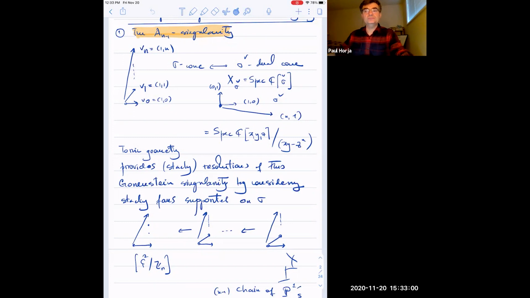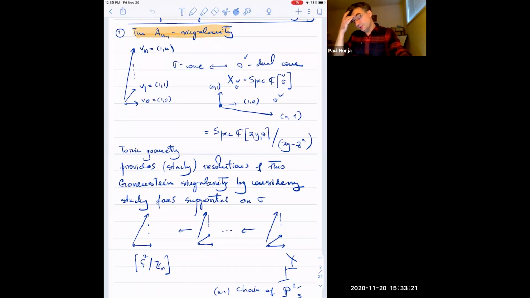So in terms of the dual picture, the dual cone is what I call sigma dual there, and then you get exactly, as I said, the singularity A_{n-1}.